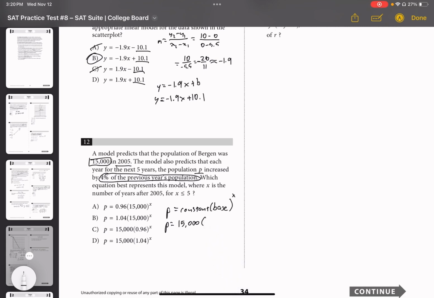And then our base is going to be an increase of 4%. So it's not going to be 0.04. It's going to be 1 plus our percent change of 0.04, to the x. So P is equal to 15,000 times 1.04 to the x, which is answer choice D. That's your answer.